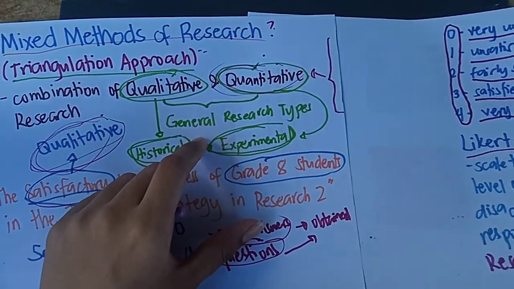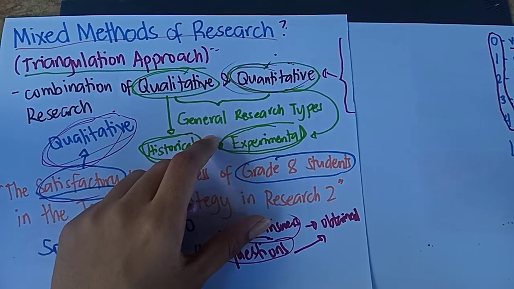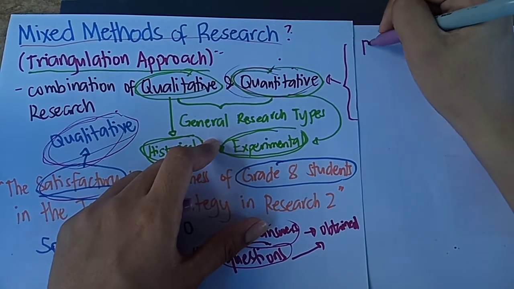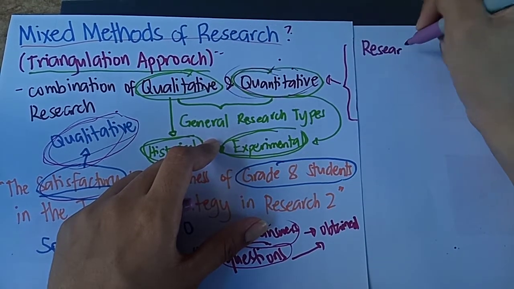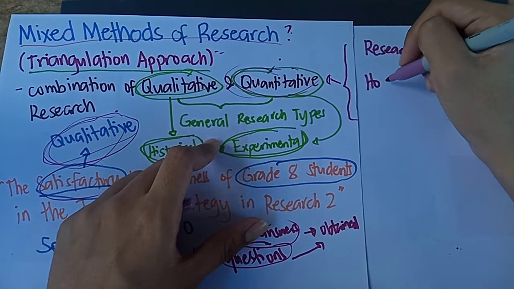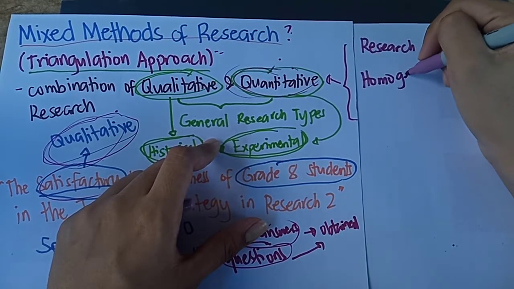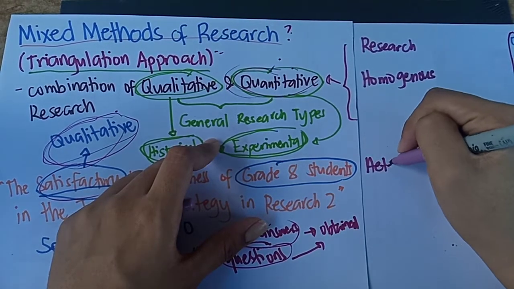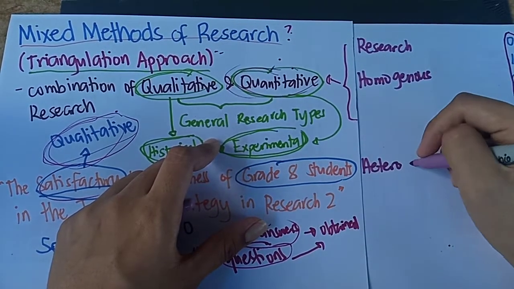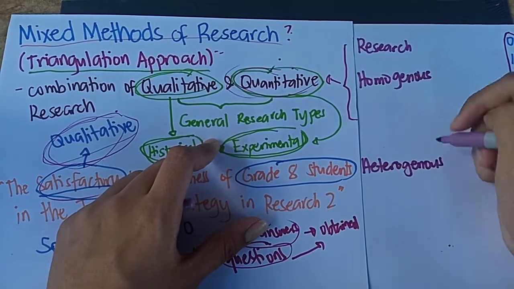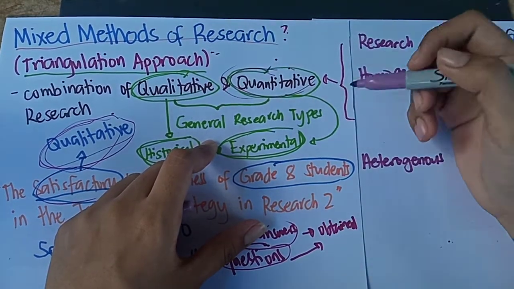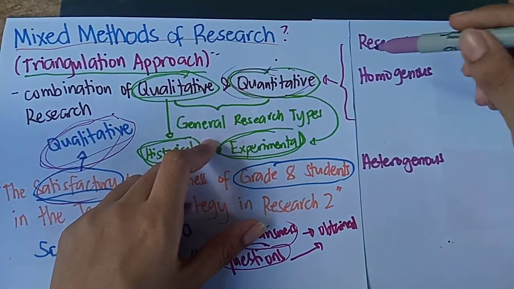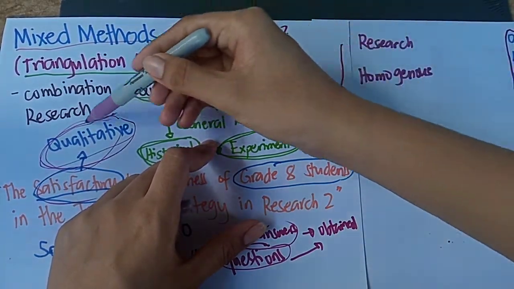So research can be homogeneous and heterogeneous, just like in mixtures. Because in mixtures, we have homogeneous mixtures and heterogeneous mixtures. And in mixed methods of research, there is a mixture of quantitative and qualitative.